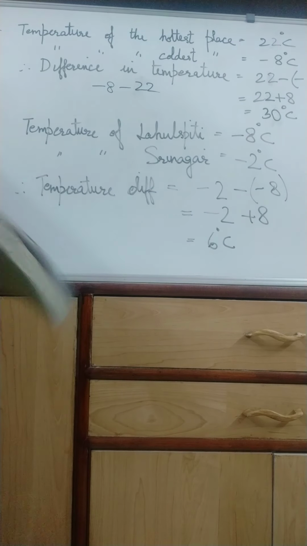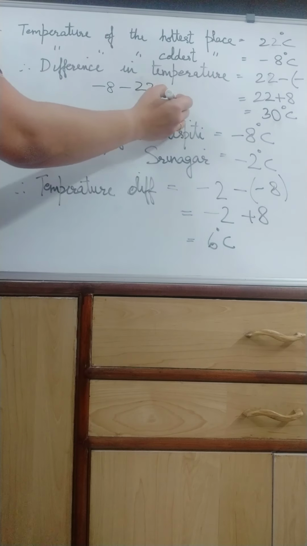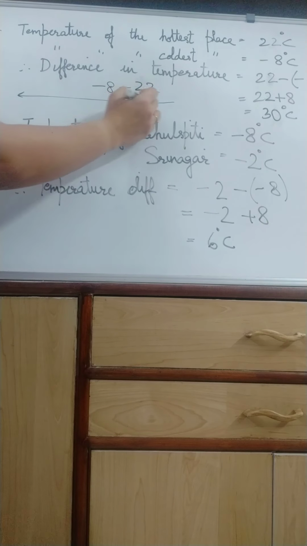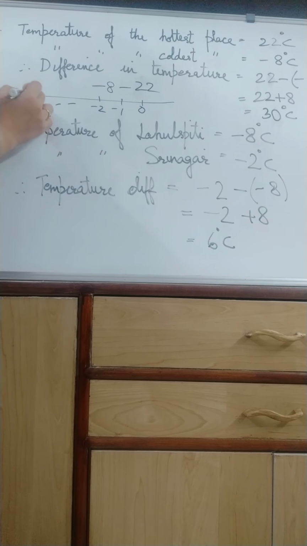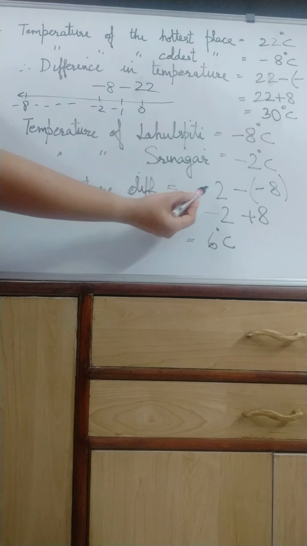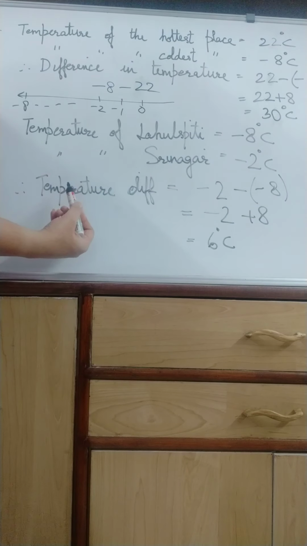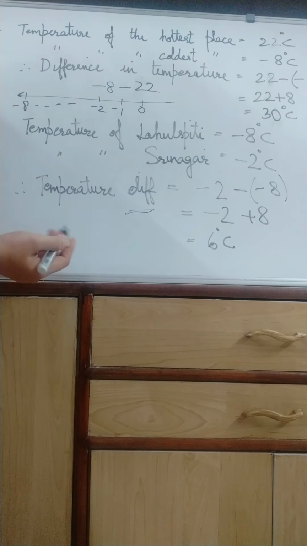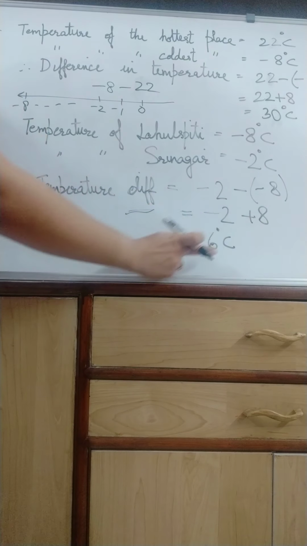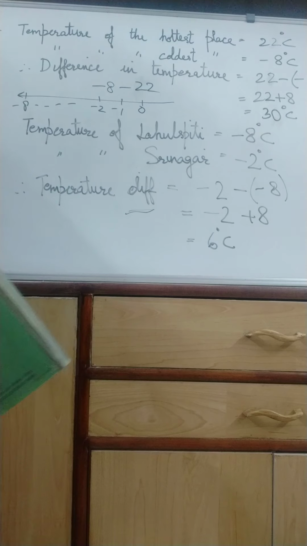If you recall the number line, this is your 0, then you have -1, -2, so on, so on, so on, -8 somewhere here. So obviously -2 is bigger than -8. So you will first write -2 minus, because again we need the difference of the temperature, -8, and then again minus becomes plus, and this becomes 6 degrees Celsius.